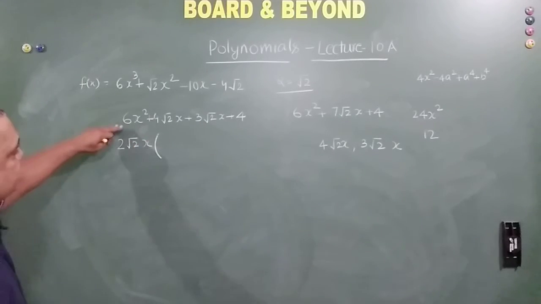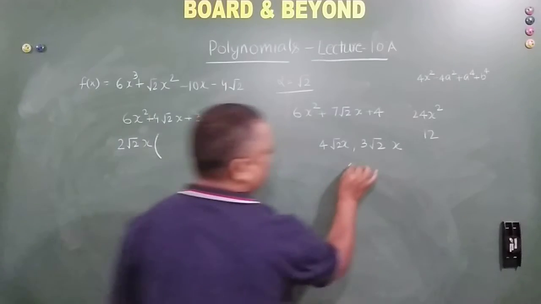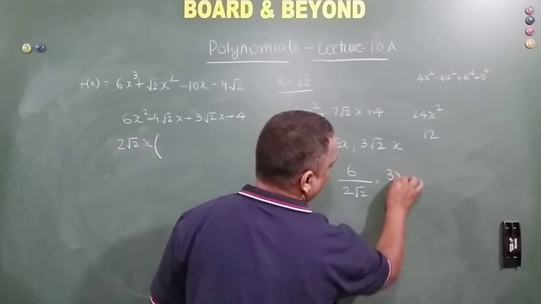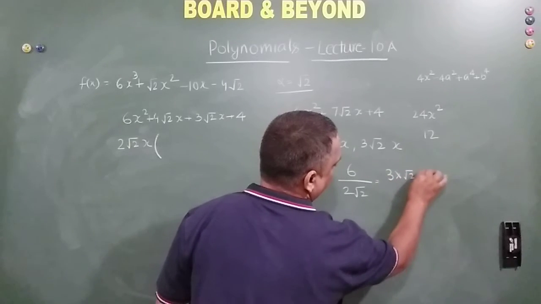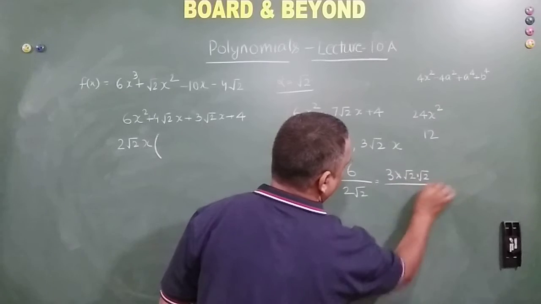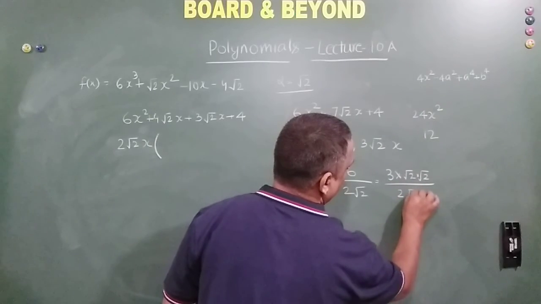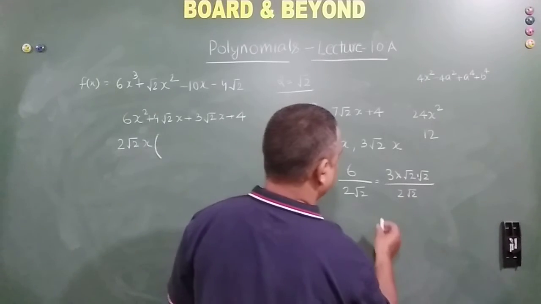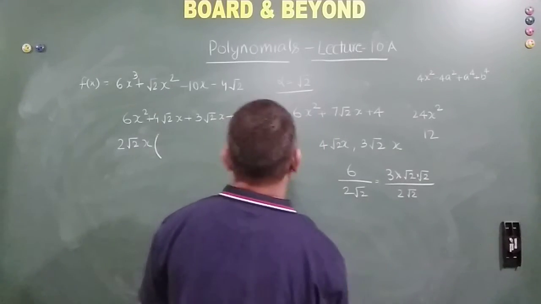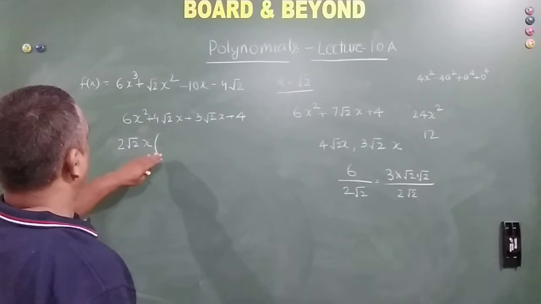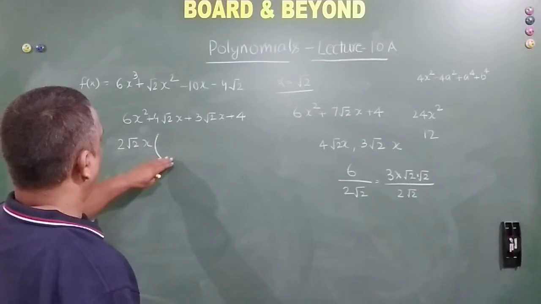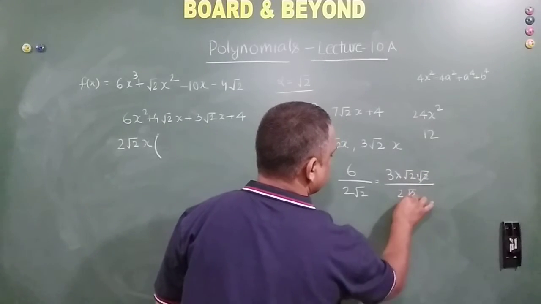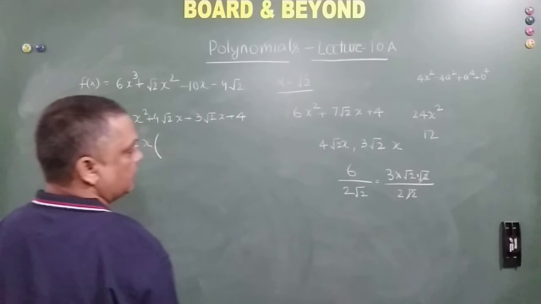So what happens is 6 divided by 2 root 2, which is nothing but 3 into root 2 into root 2 divided by 2 root 2. So this and this cancel.